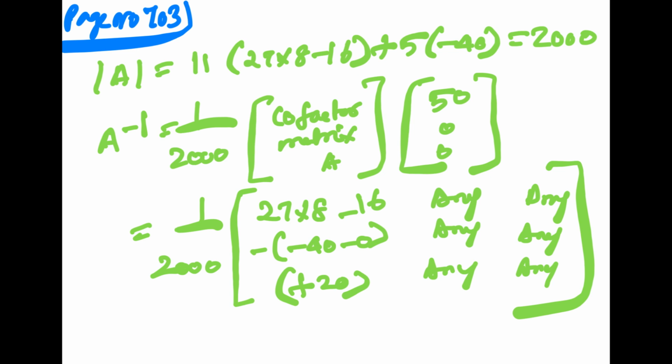We find out A inverse is 1 divided by 2000 into cofactor matrix into voltage matrix 50, 0, 0. Voltage matrix is 50, 0, 0. So if we multiply anything by 0, it is 0. So I1, I2, I3 matrix is 1 divided by 2000.